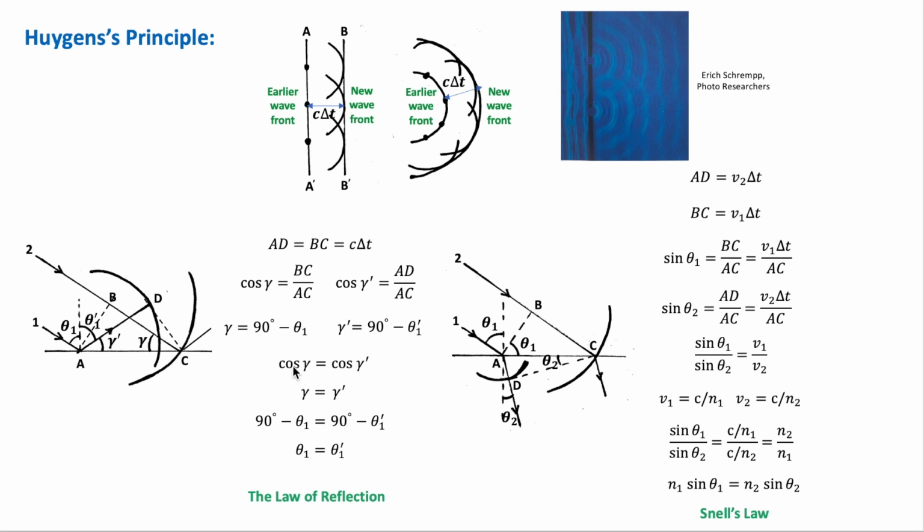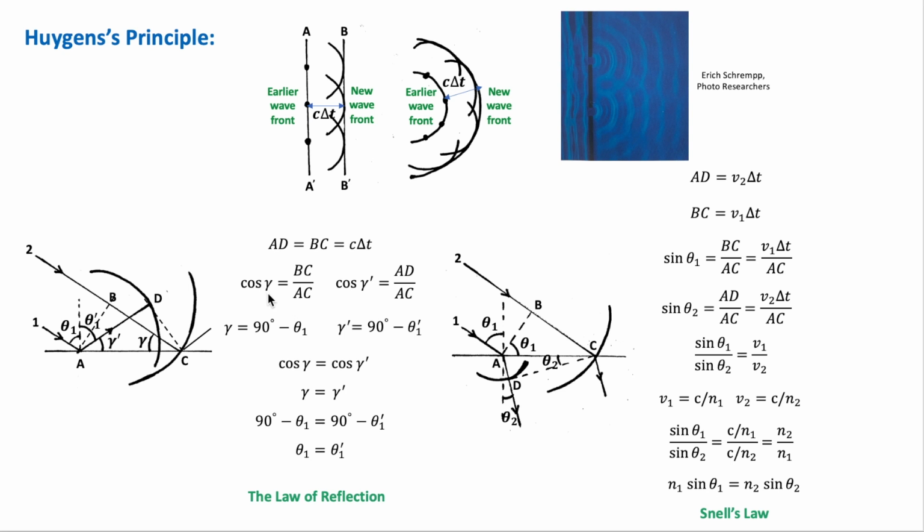Because both ray 1 and 2 move with the same speed, we have AD equal to BC equal to c delta t. Using a geometric analysis, you can see that the two triangles ABC and ADC are congruent because they have the same hypotenuse AC.